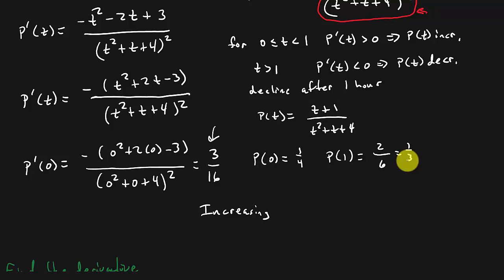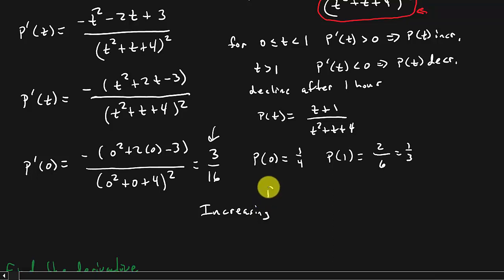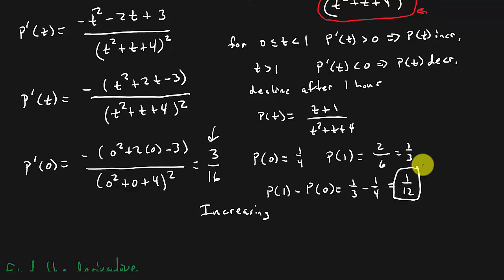So how much does it increase before it starts to decline? Well, that's going to be P of 1 minus P of 0, which is 1/3 minus 1/4, which is equal to 1/12. So that's how much it increases before it starts decreasing again.